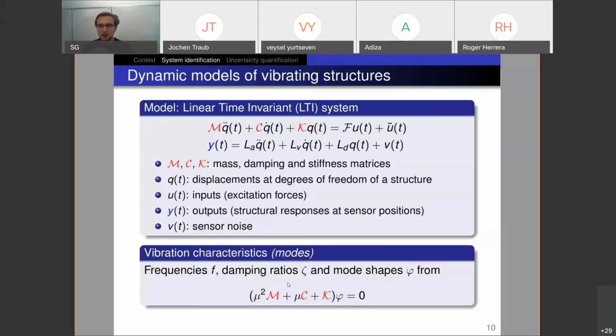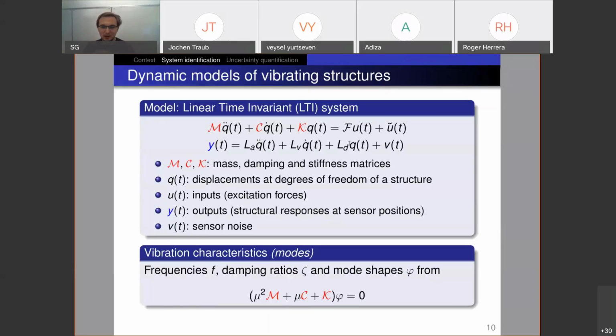Here M, C, K are the standard mass, damping, and stiffness matrices that linearly map the accelerations, velocities, and displacements into our inputs, which are denoted as U. The calligraphic F matrix maps the input locations to the degrees of freedom of our structure, and the vector U tilde are the inputs that are unknown and unmeasured, which can happen.